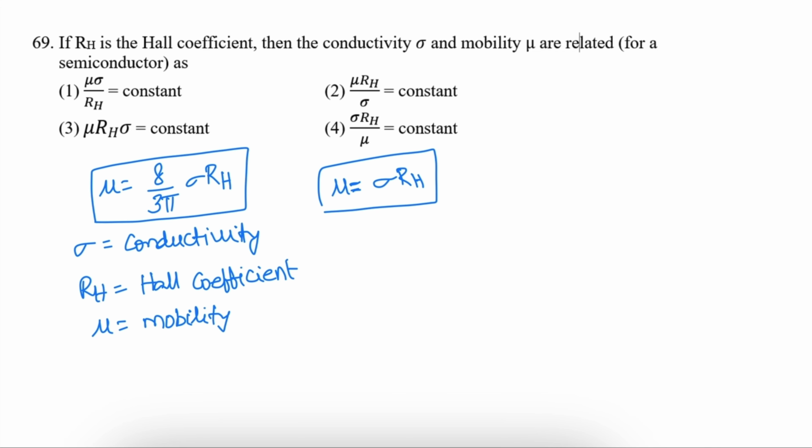So mu by sigma RH, or sigma RH by mu, is constant. Correct option is 4.